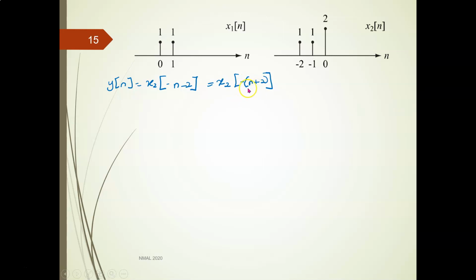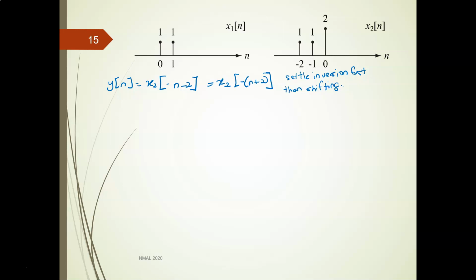My question is, which one do you want to perform first? Whether you want to shift first and then do the time inversion. If you choose either one to do first, it will give you a different answer. So which is wrong? What you have to remember here is first you settle the inversion, and only then you shift the signal.